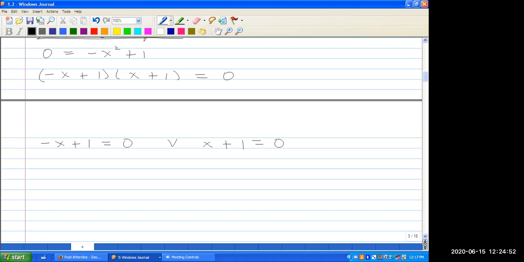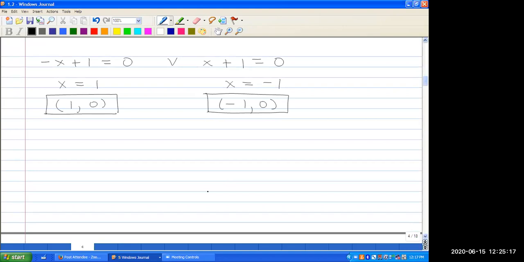Add x to both sides of the equation, so x is equal to 1. Subtract 1 from both sides of the other equation, so x equals -1. And so I have that the x-intercepts are at (1, 0) and at (-1, 0). Okay.